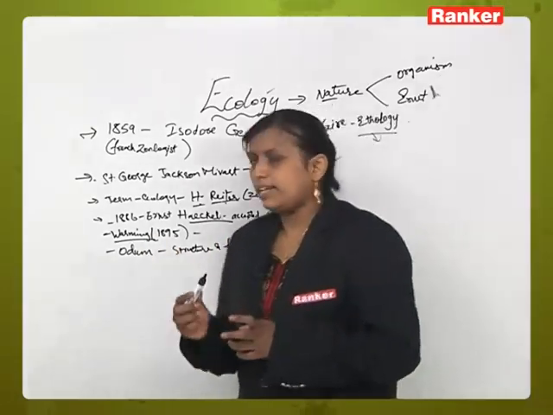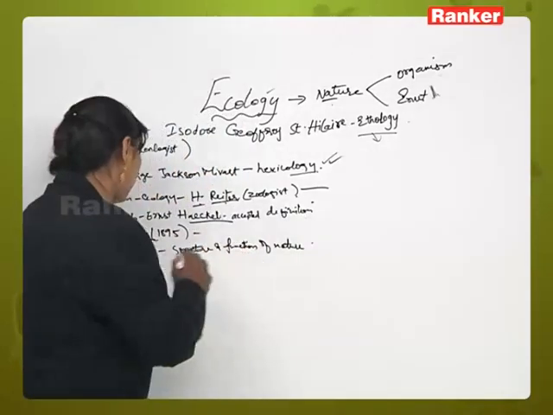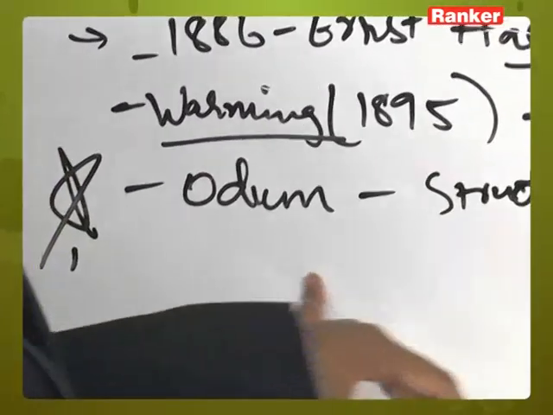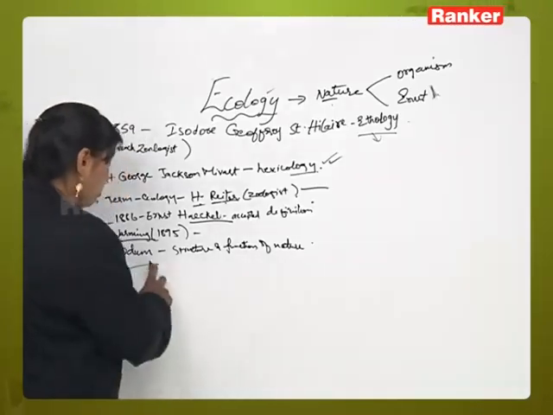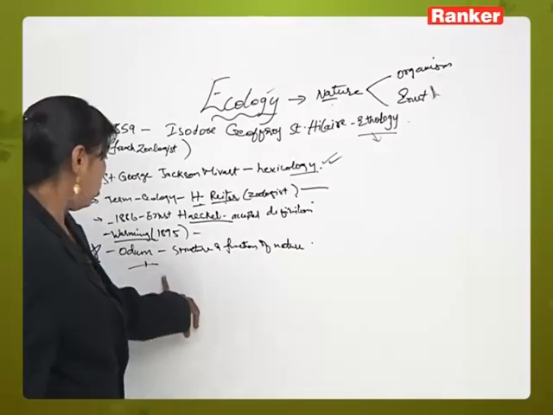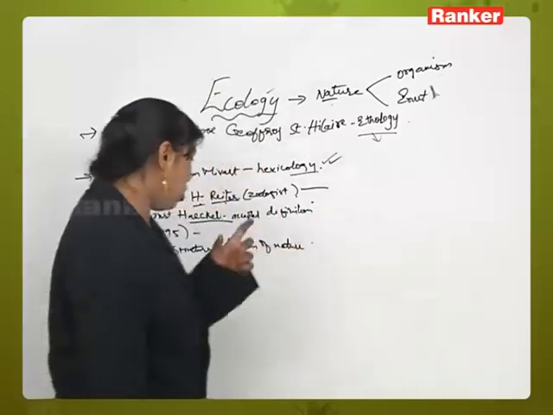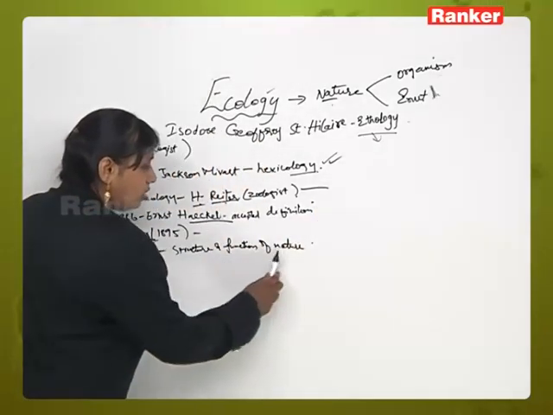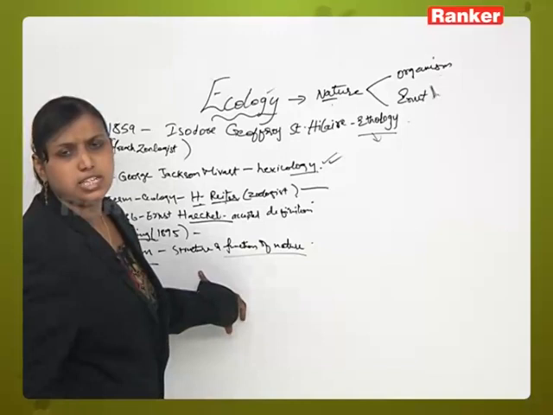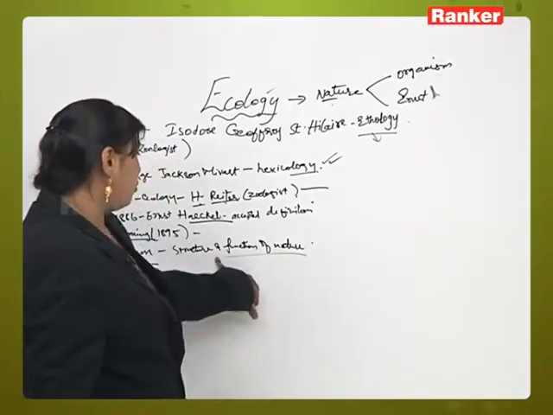The authentic or standard definition which is accepted was given by Odum, the famous ecologist. He said that ecology is nothing but the structure and function of nature.